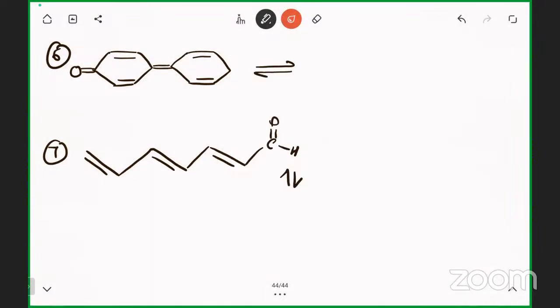So check your answer. Okay, first we'll start 1, then 2, 3, 4, 5, then 6, 7, 8, 9th. The ninth carbon is sp3 hybridized. So the hydrogen will transfer from the ninth here to here.